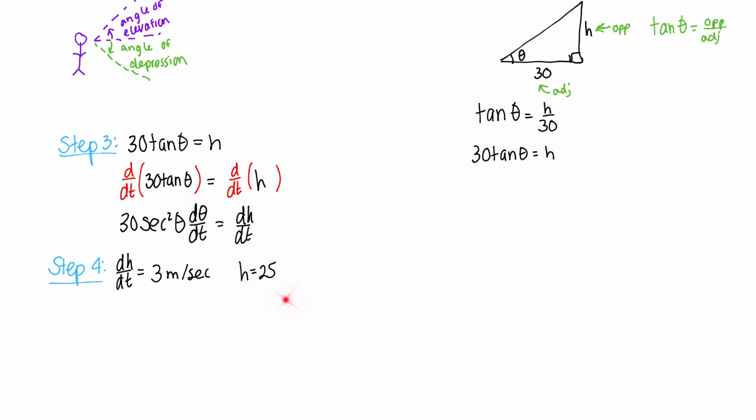We don't even use h. We have dh/dt, but we need to know what theta is because we don't have enough information to plug theta in. So we need theta when h is 25.